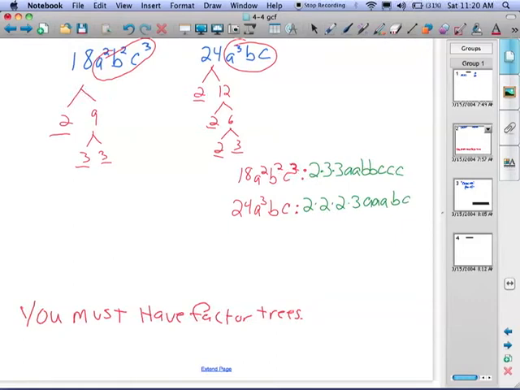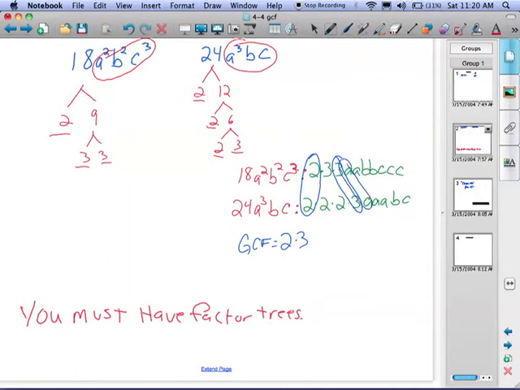Now we're going to do the same thing we did on the previous board, but now we have the variables, so we're going to circle the things they have in common. For the numbers, you remember they had the 2 and the 3's in common. Now we're going to look for variables that they have in common. So what do these two numbers have in common for variables? They have a pair of a's in common.